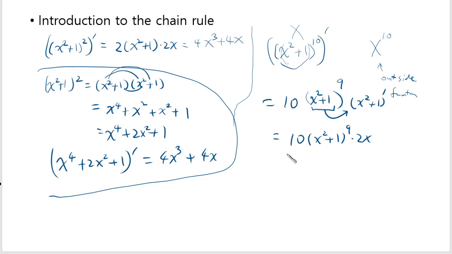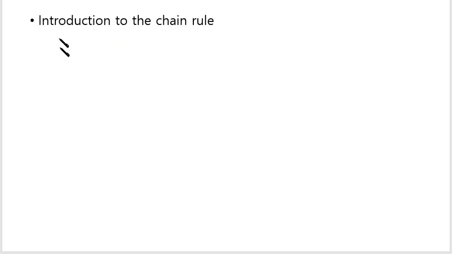So chain rule definitely is the only option in many cases, and sometimes there's no other viable way, because, for example, e to the x squared. So what's the chain rule again?